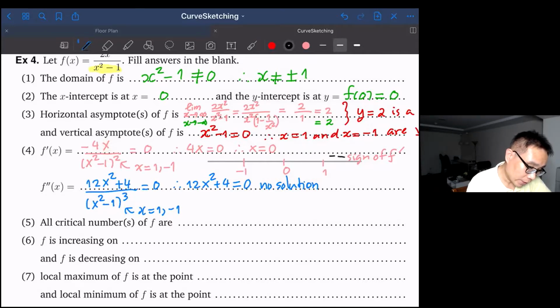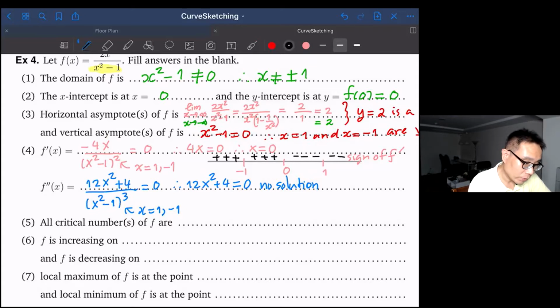For x between 0 and 1, like x equal to 1/2, you also get a negative sign. And you have positive when x equal to negative 1/2, and when x equal to negative 2, you also get a positive sign.